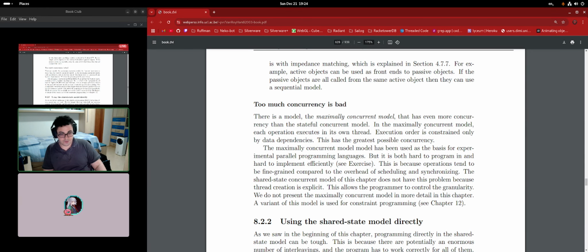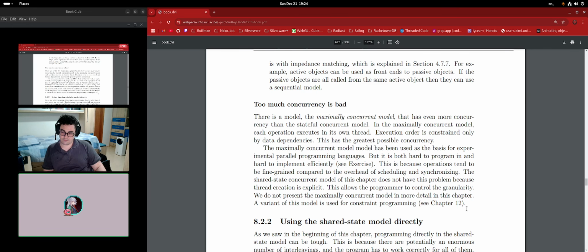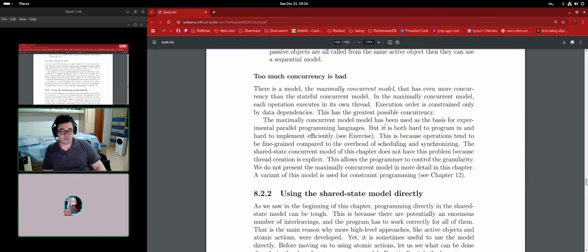Too much concurrency is bad, and I don't know much about what I'm about to say, but is this HVM? HVM kind of implements something similar to this, yes. Okay. Yeah, because it mentions experimental parallel programming languages, and this makes perfect sense. This is because operations tend to be fine-grained compared to the overhead of scheduling and synchronizing.